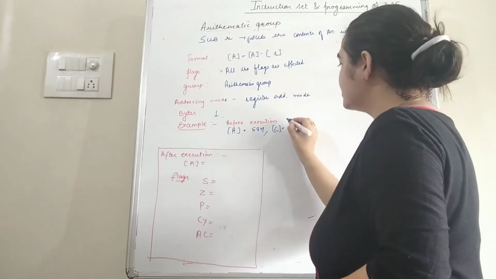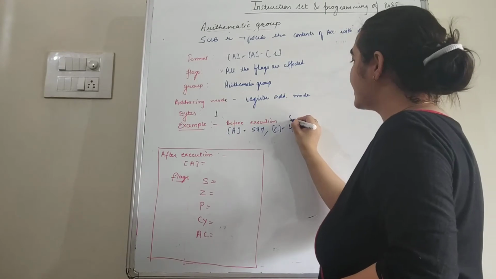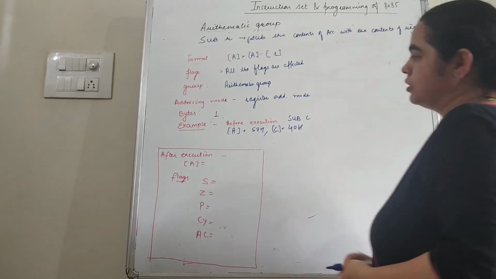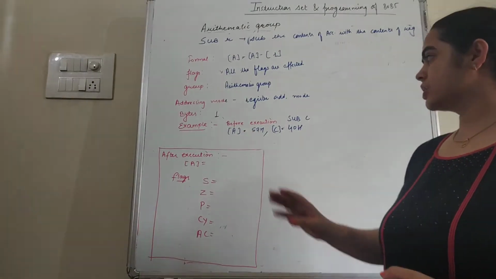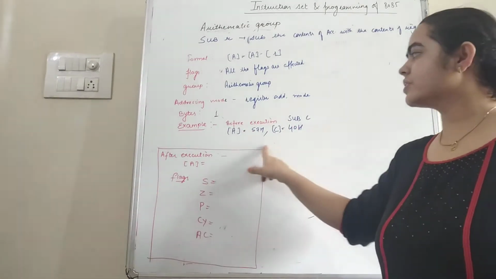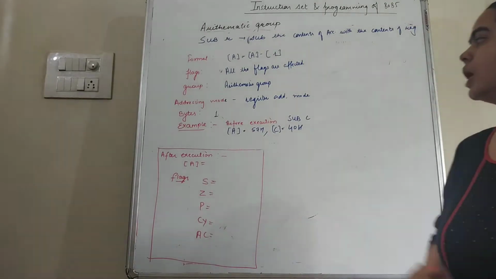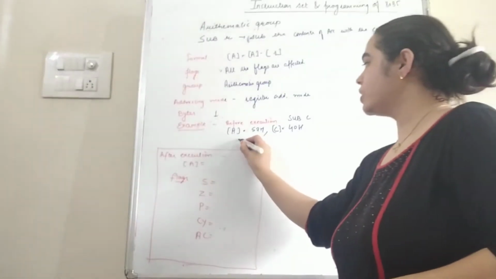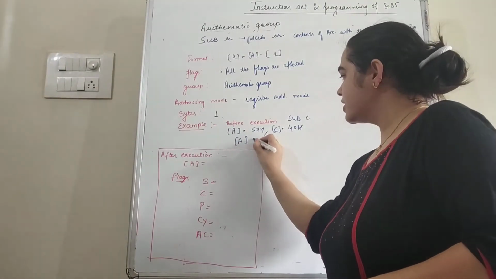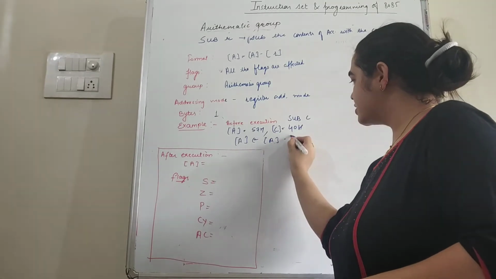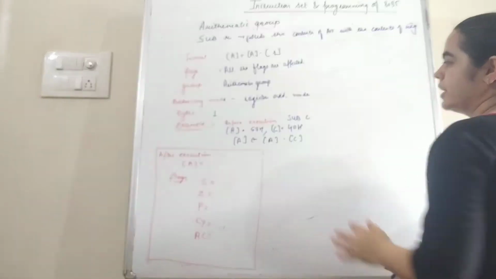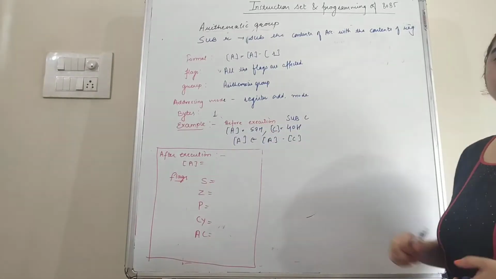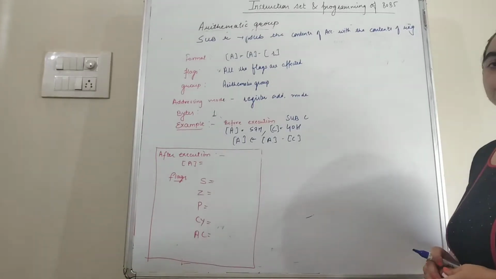The instruction we have is SUB C. The meaning of this instruction is we subtract the contents of register C from the contents of the accumulator and the result is stored in the accumulator. So initially we have to convert these numbers into binary form.